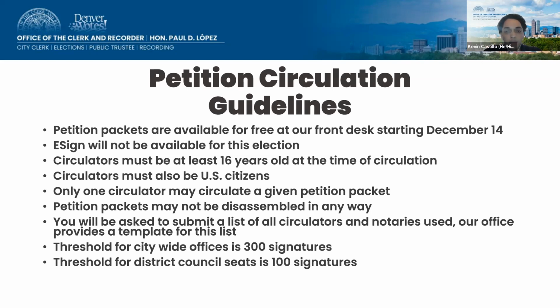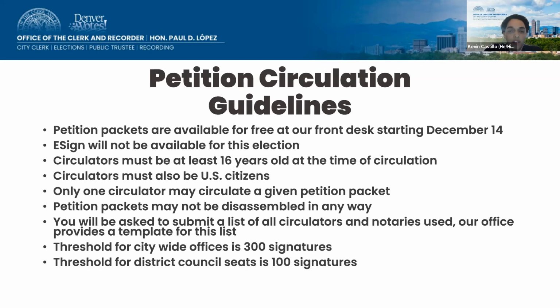And then I'm going to get in briefly to the circulator requirements. First up, they must be at least 16 years old at the time of circulation, and they must be a U.S. citizen. So circulators don't need to be registered voters, but they do need to be U.S. citizens, and they do need to be at least 16 years old. And additionally, only one circulator may circulate a given petition packet.